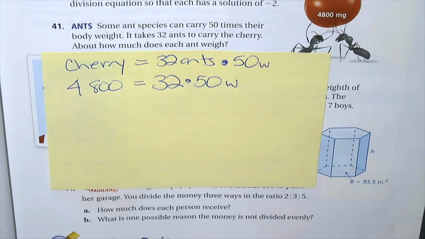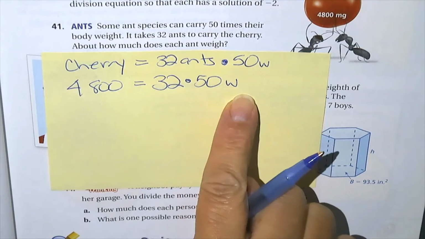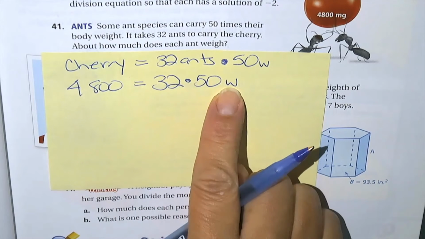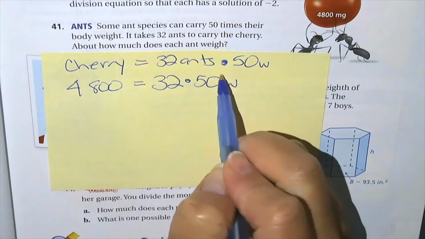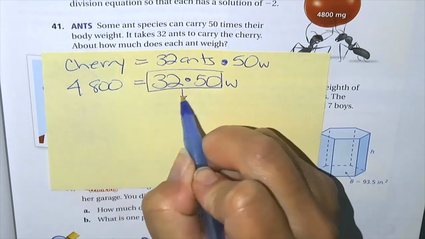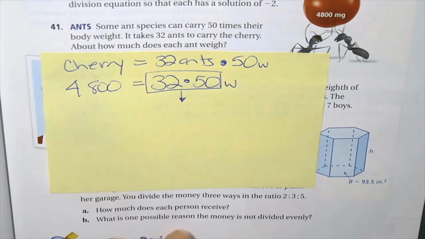So this is the equation. But when we get ready to solve this, I have a 32 times a 50 times W. This is what we did yesterday. You're probably going to have to solve that first. Okay.